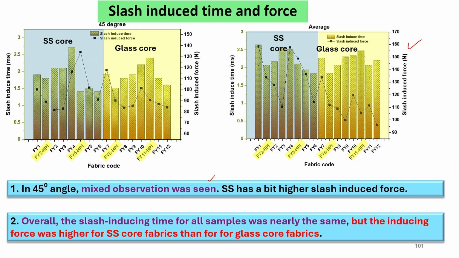You can see the slash inducing time are almost same, but the inducing force was higher for SS core fabric than the glass core fabric. So, here overall force is higher than the glass core fabric, but they are all within a certain range.